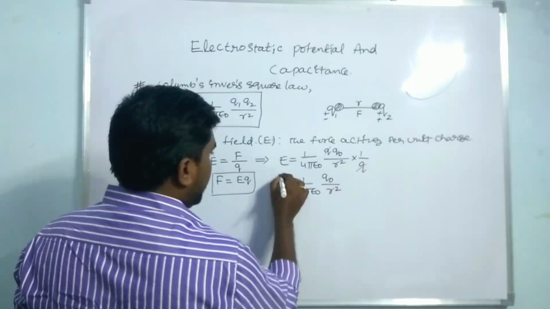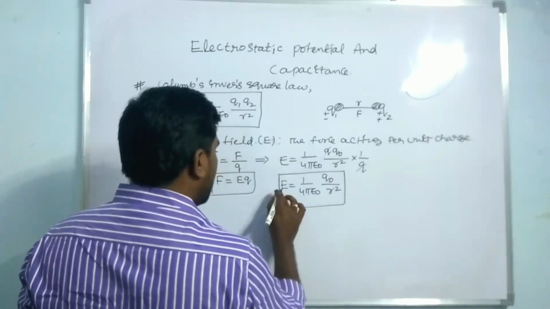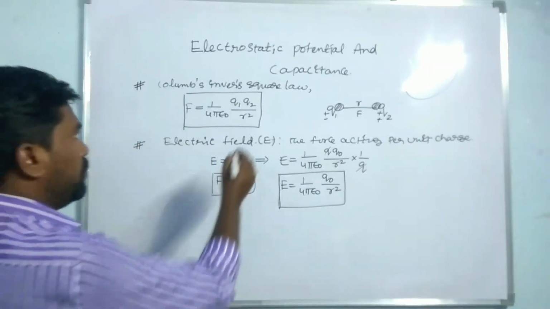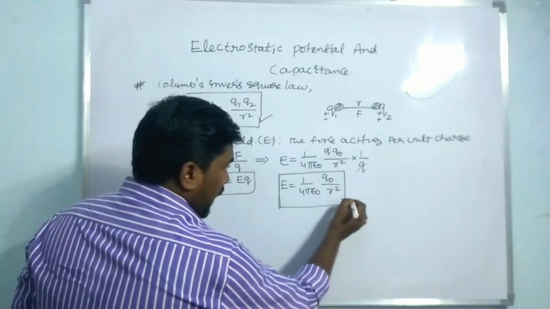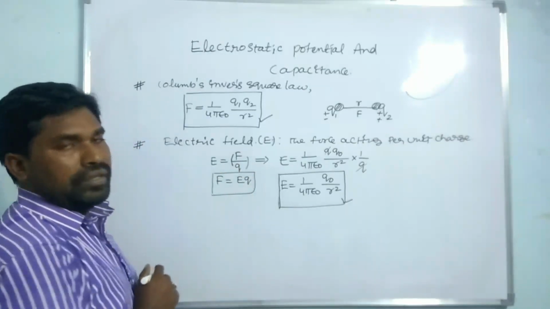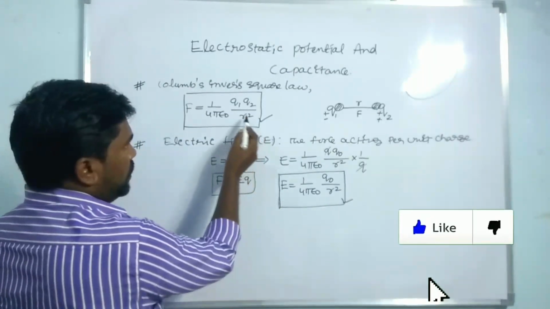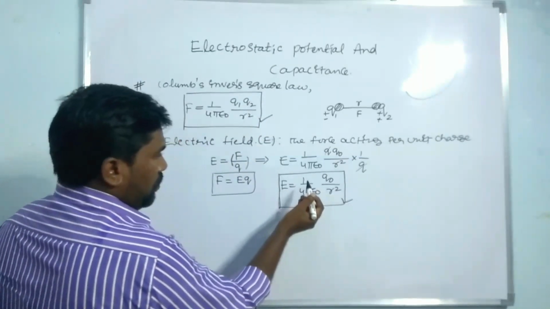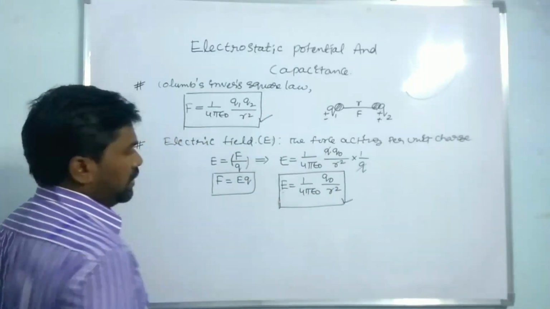So this is the intensity of the electric field on a point charge. This is the force acting between two charges. This is the force acting on a charge, force per unit charge. Okay, so that is the intensity of the electric field. The variation is that here there are two charges, but the force will be acting on the other charge. So that is the intensity of the electric field.